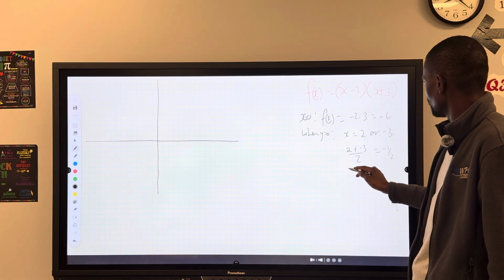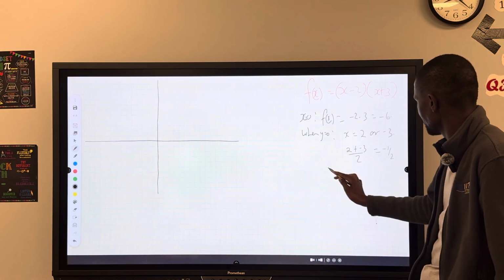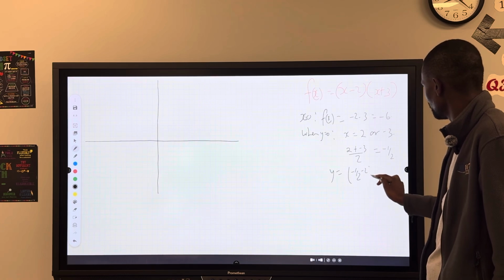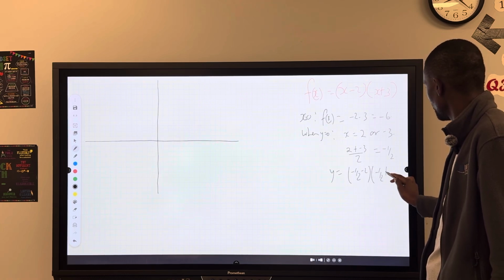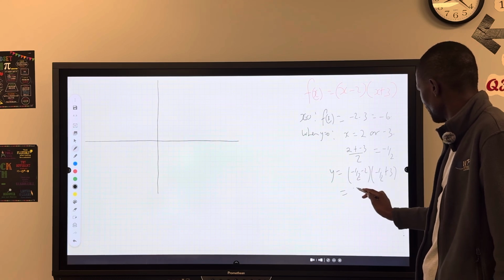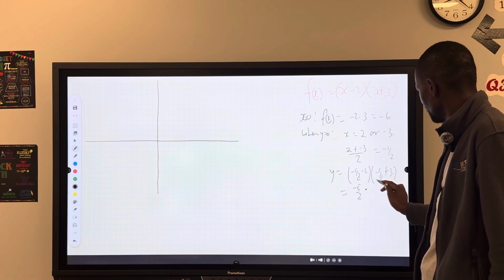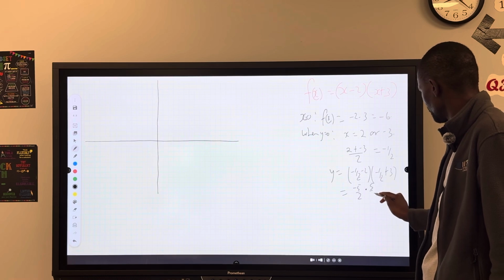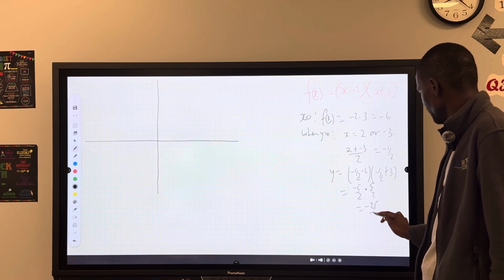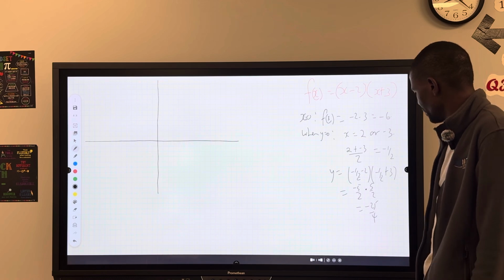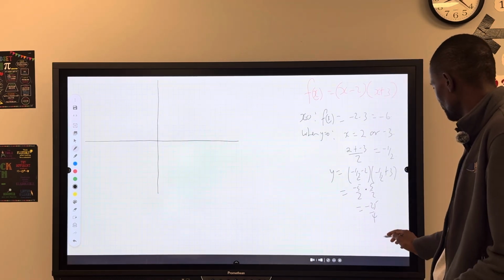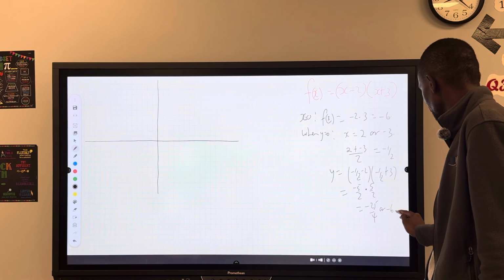To get the y value for that, it will be negative 1/2 minus 2 times negative 1/2 plus 3. So negative 5 over 2 times 5 over 2, which will be negative 25 over 4, which is roughly minus 6.25.